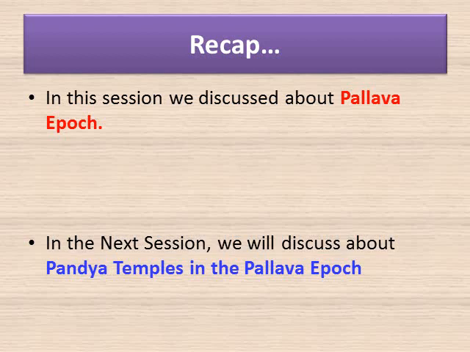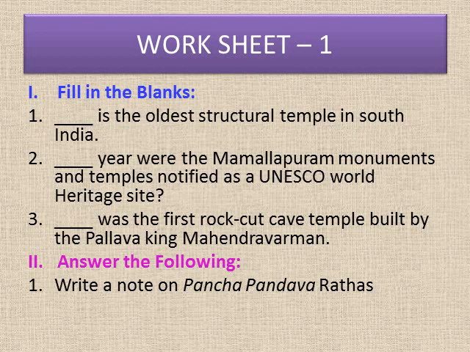Arjuna's Penance carved on the face of a granite boulder is a magnificent relief measuring approximately 100 feet by 45 feet. The Mamallapuram monuments and the temples are notified as a World Heritage Site by UNESCO. Dears, in the next session we will discuss the Pandya temples in the Pallava epoch.